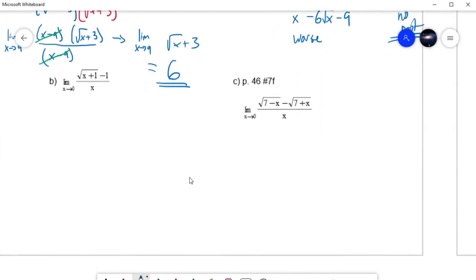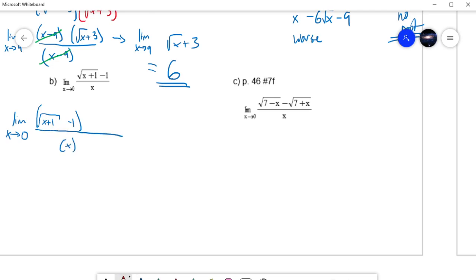Okay, let's take out a couple other ones just while we're going. How do you deal with this? What's the conjugate here? That's the real question. So limit as x approaches 0 of (root of x plus 1 minus 1) over x.